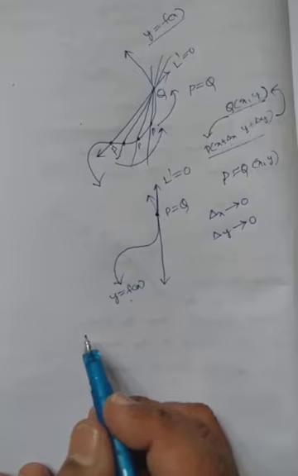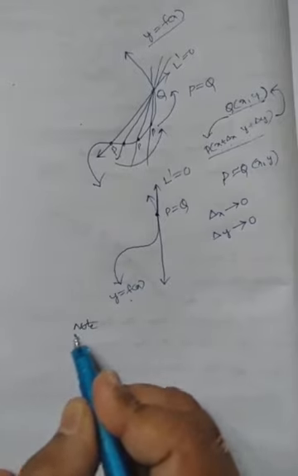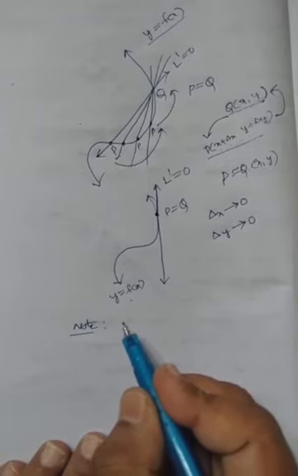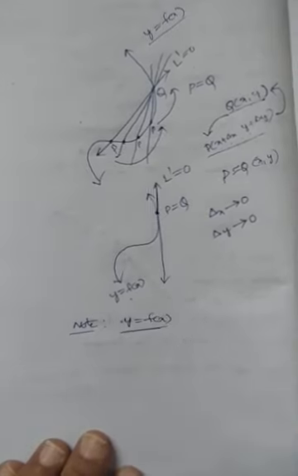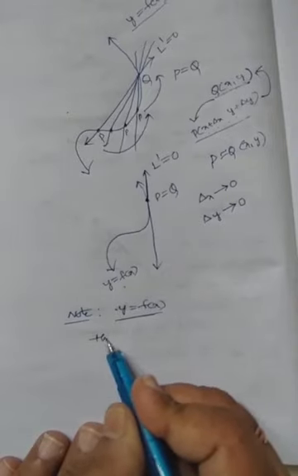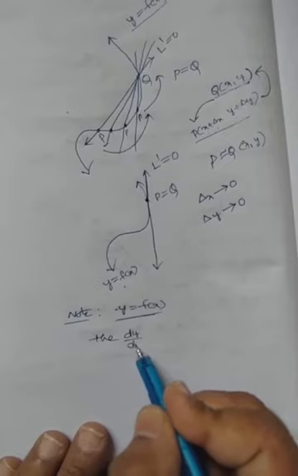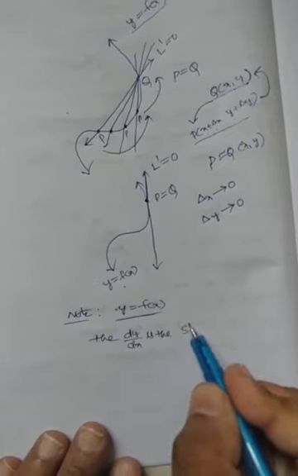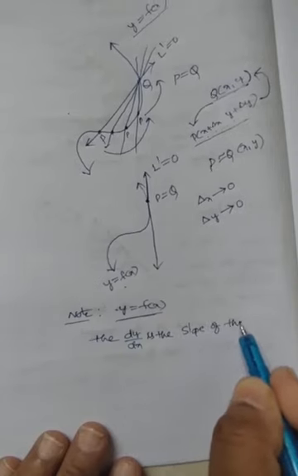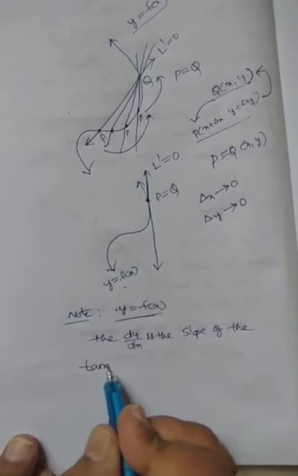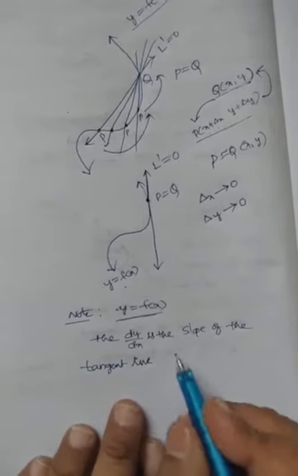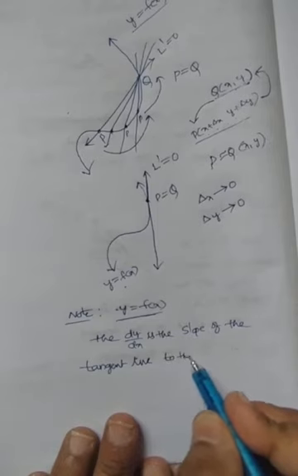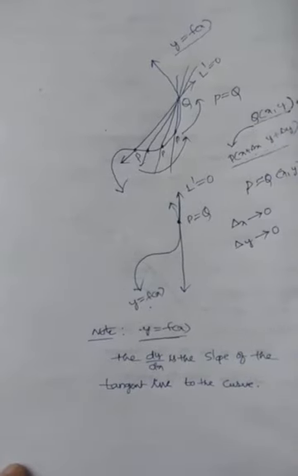Now we can make one more note: whenever the curve is y equals f of x, dy by dx is the slope of the tangent line to the curve at the point of contact.